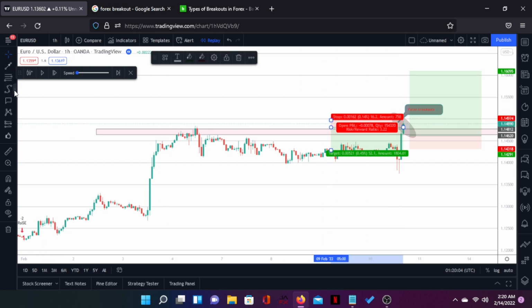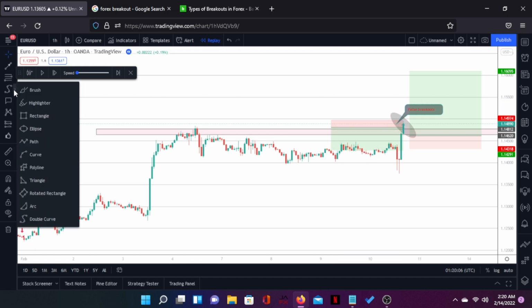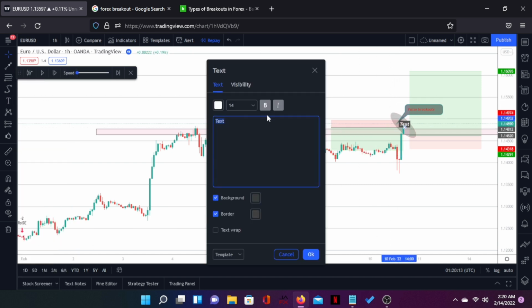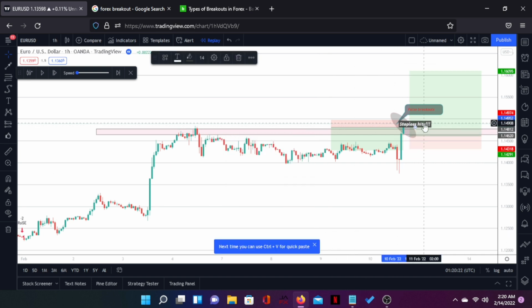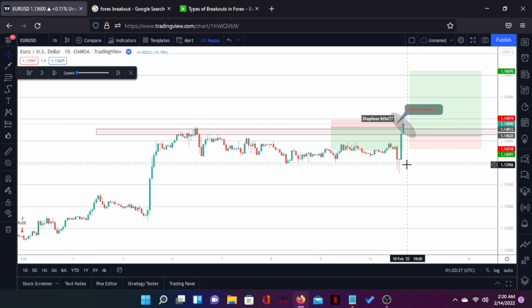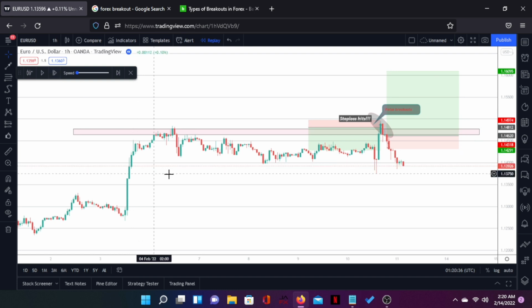The horizontal ones are the support and resistance scenarios, and the diagonal ones are the trend lines, maybe bullish or bearish. That's what I'm going to show you on the other currency pair, and also how to avoid this, and how to take it as an opportunity instead of crying and losing both ways, because people lose both ways.